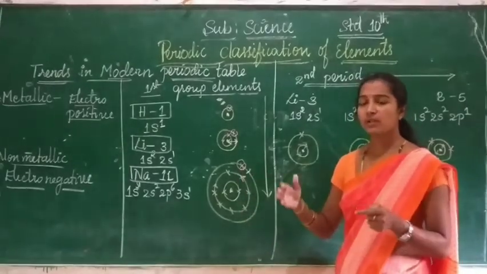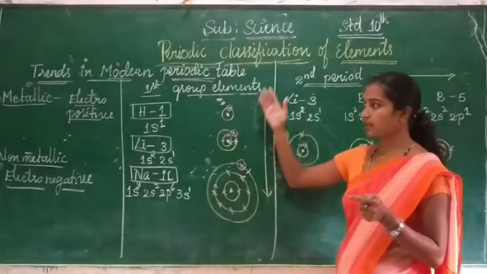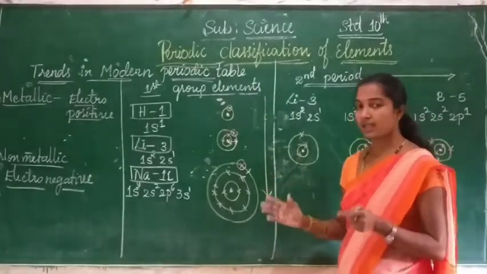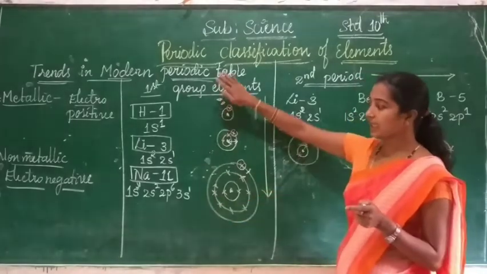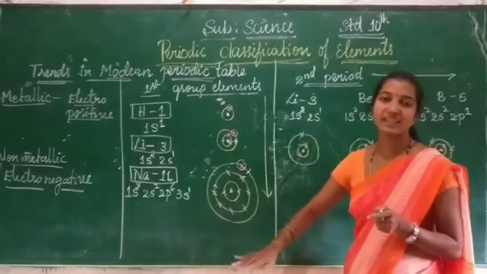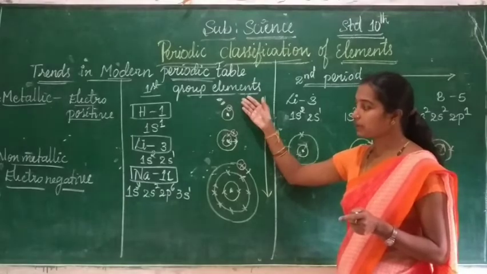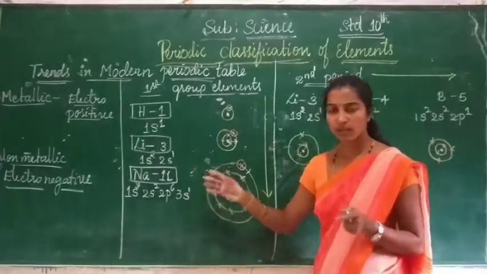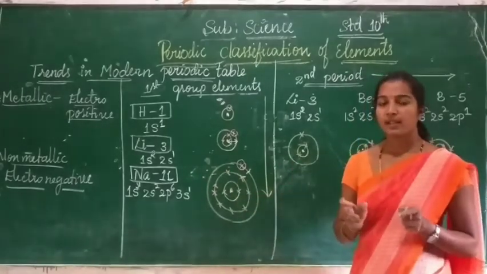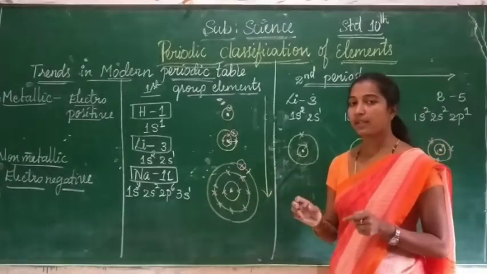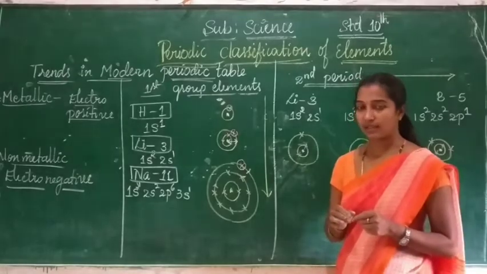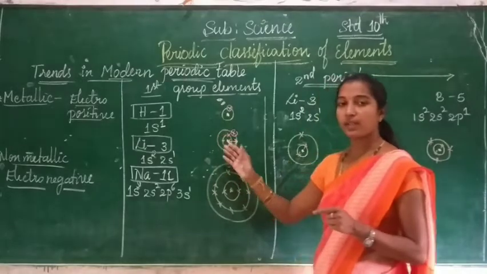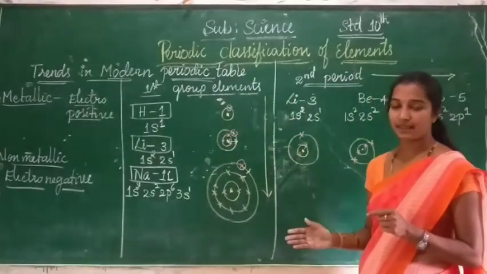The electropositive character of elements in the first group goes on increasing, in such a way that the metallic character also increases, when we compare hydrogen to lithium, lithium to sodium. Children, we know that sodium is a very strong element and it has metallic character. The metallic character of the element also increases.